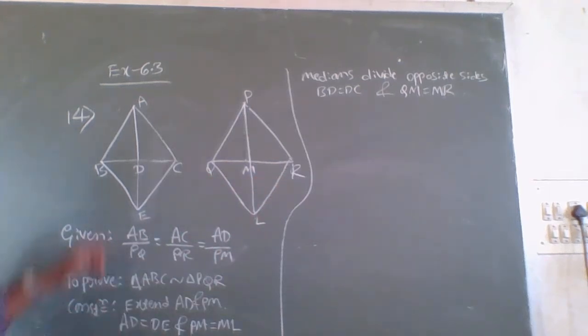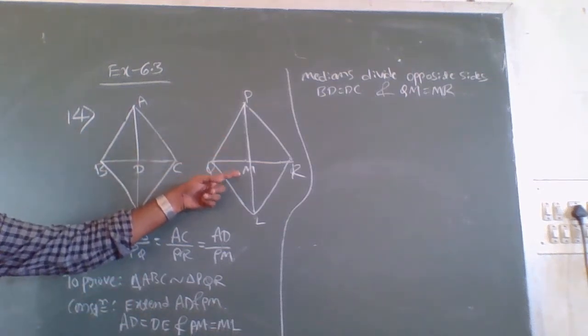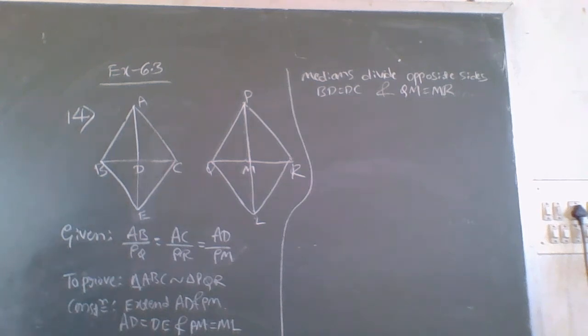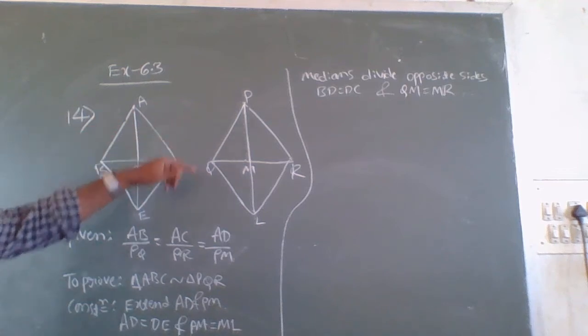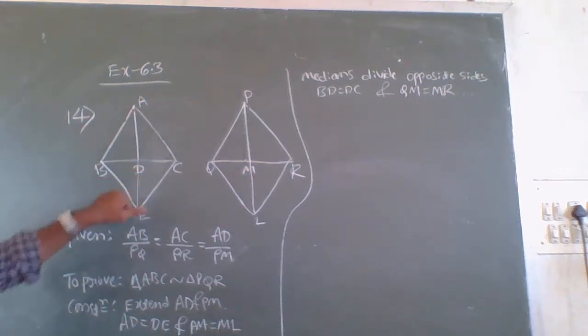Now again we know that AD is equal to DE by construction and PM is equal to ML by construction. So now I will consider ABEC and PQLR as parallelograms.